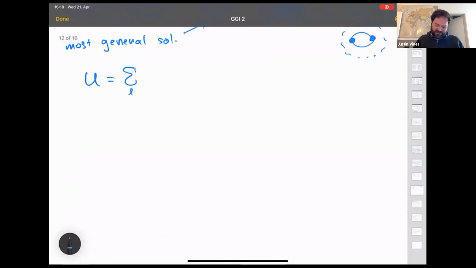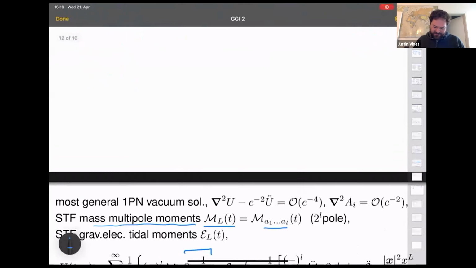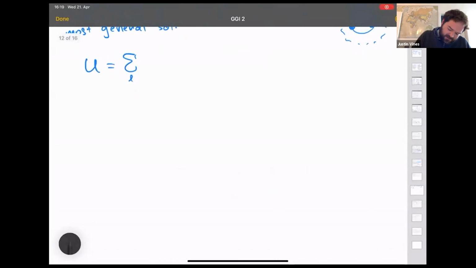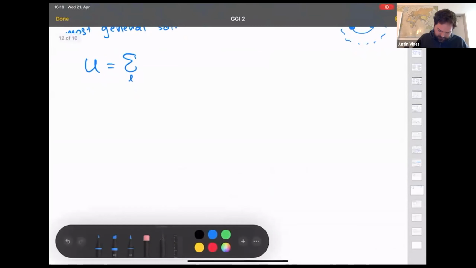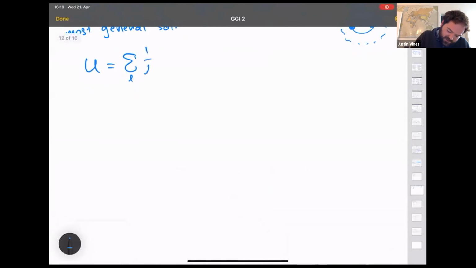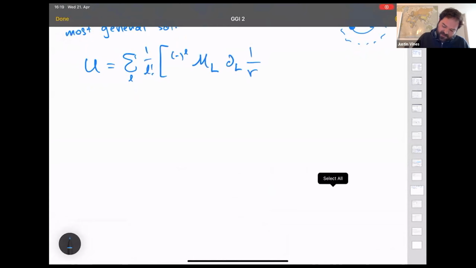Let me copy that term up here. That was 1 over L factorial, minus to the L, and then mass multipole moments contracted into derivatives of 1 over r.